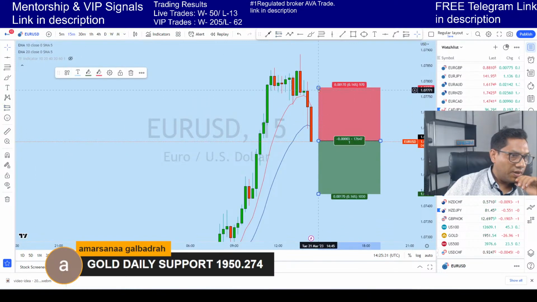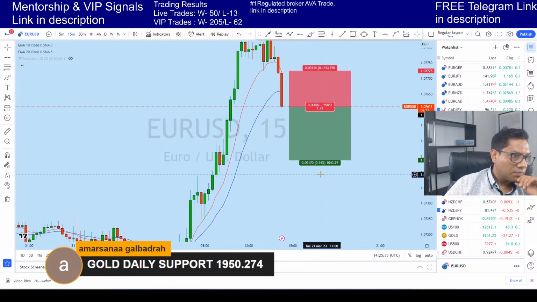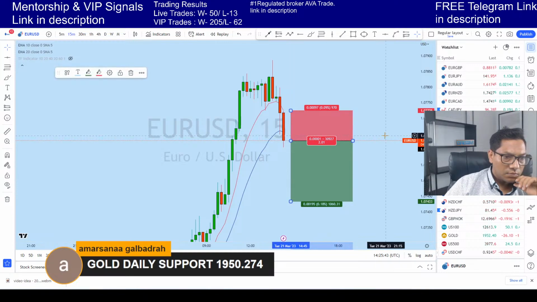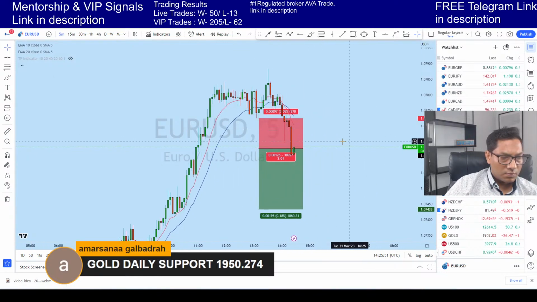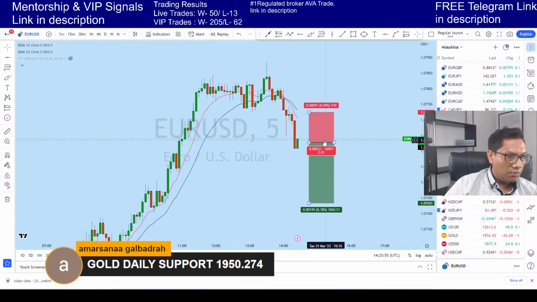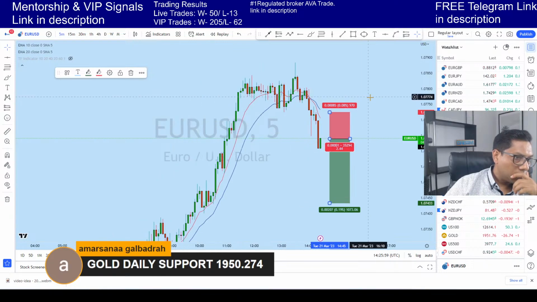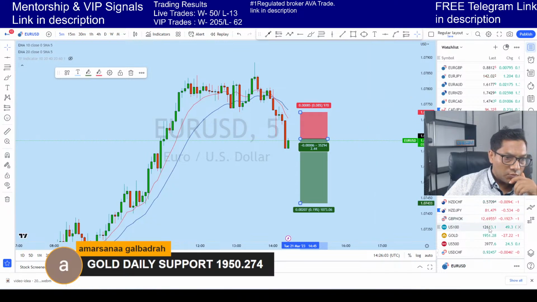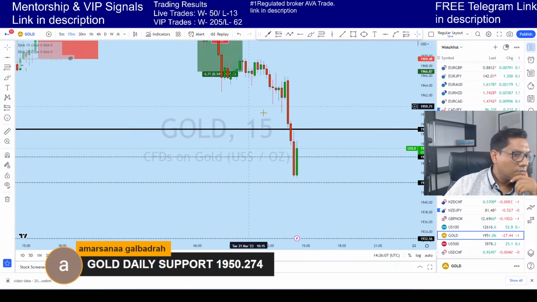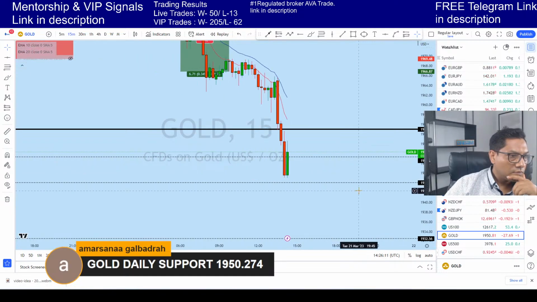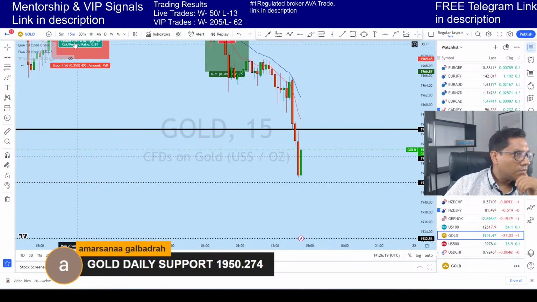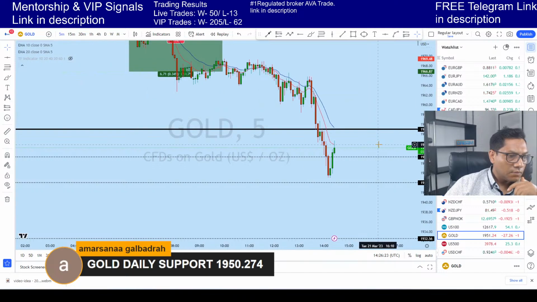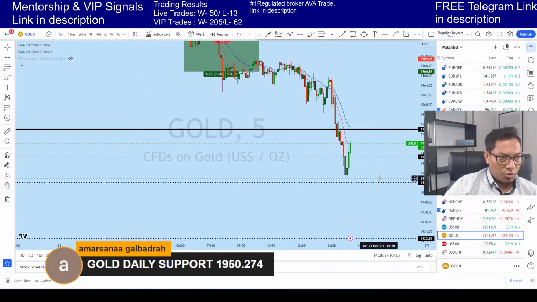So it's moving very fast. Let's move up first. What's happening with gold? Okay, we could see some bullish move on gold now.